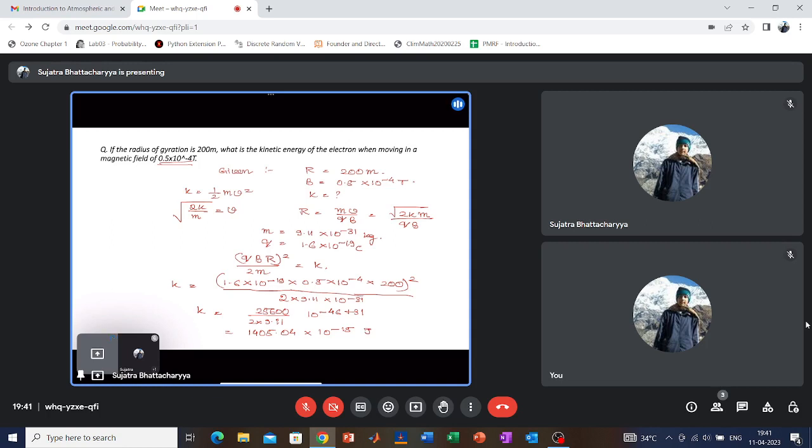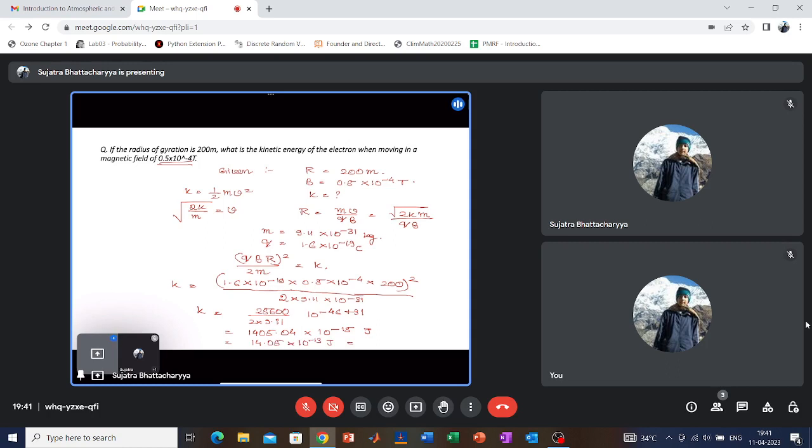Now if you have to convert it into the electron volt, just do it. 14.05 into 10 to the power minus 13 we can write in joules. So this will be nothing but in mega electron volt if you have to calculate. So 14.05 divided by 1.6.